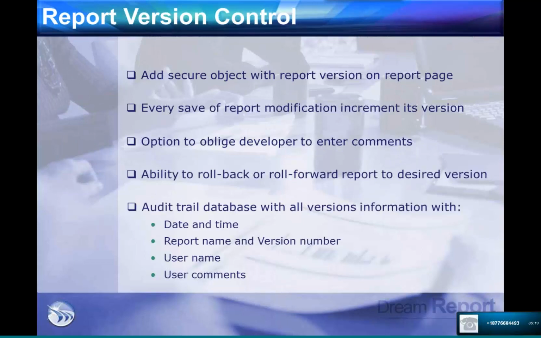Report version control. Once you activate report version control, every change you are doing with the project, with the report, will be stored and can be tracked after in order to analyze what was done, what was changed, and what are the changes that are implemented.